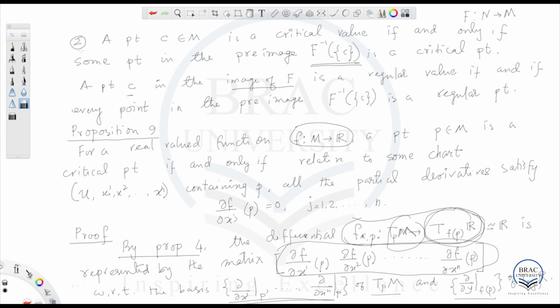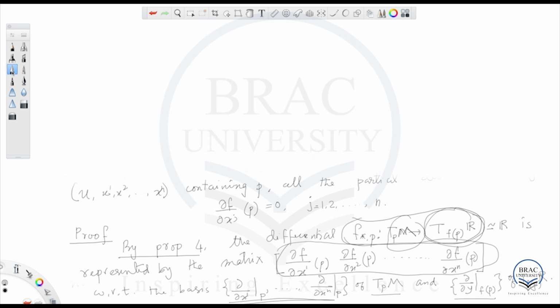Okay, now since the image of this differential f star comma p is a vector subspace of R, from elementary linear algebra knowledge, we know that the image of the linear map is a vector subspace of R. It is either zero-dimensional or one-dimensional. There are two possibilities only.